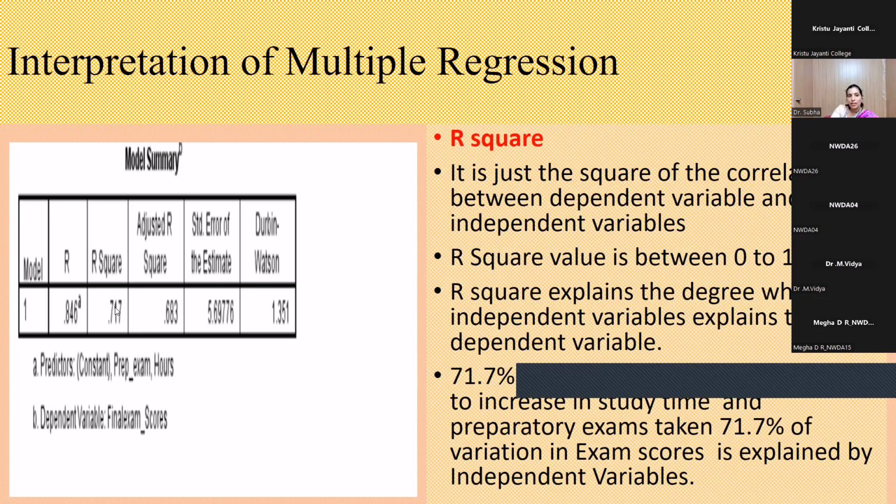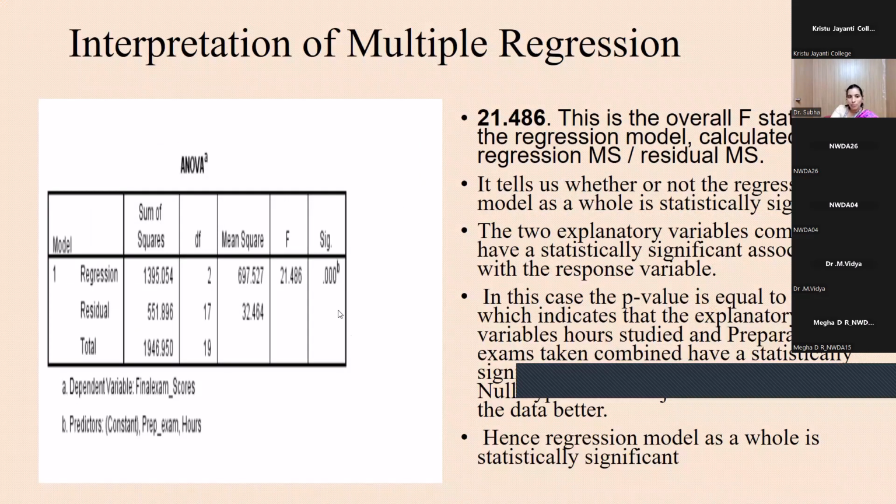And the ANOVA table: you have to look at the significance value. Here the significance value is less than 0.05, so we reject the null hypothesis, and we can say the model fits the data better.